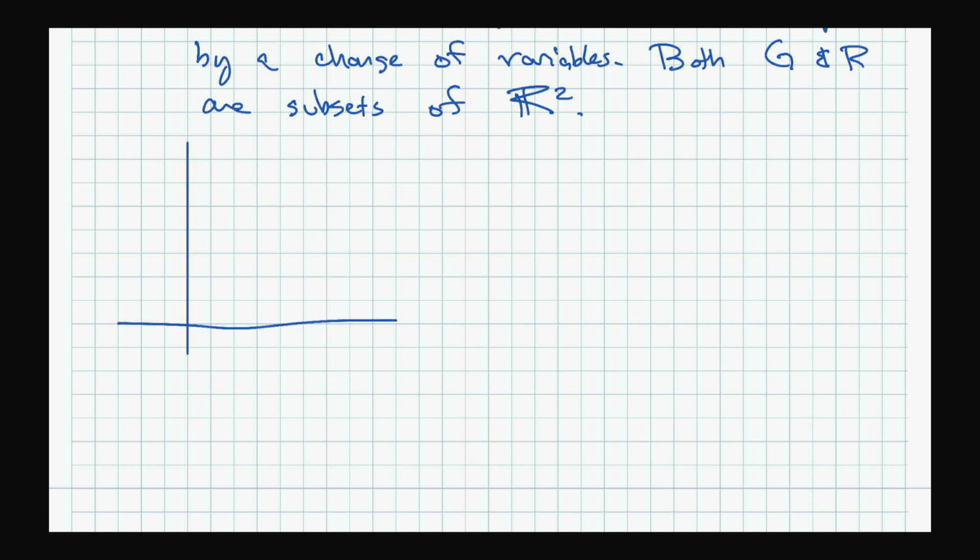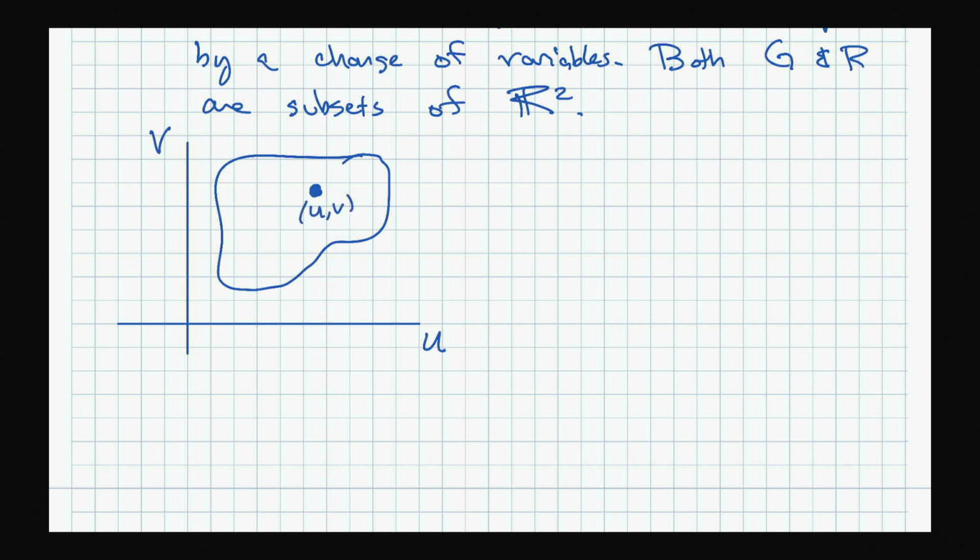You've got one plane here, and let's say the variables are u and v. There's some region here. We don't know what the region looks like. It doesn't have to have any particular shape. So let's just say it's like that. Let's say that's a point (u, v), and this entire region here is what we're going to be calling G. So let's shade that in.